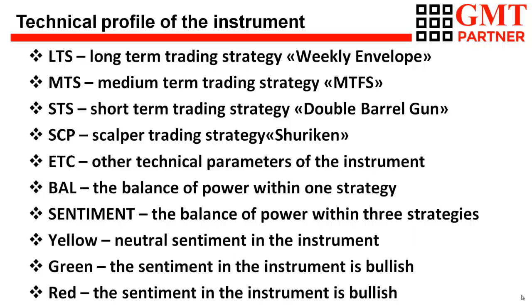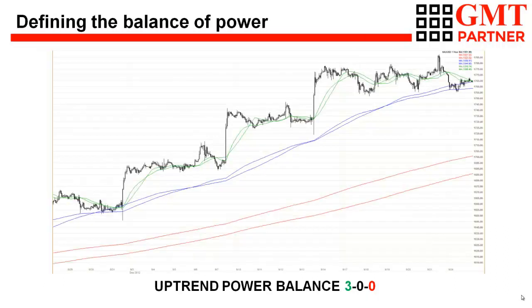So, let's try with the help of the technical passport of the financial instrument to gauge market sentiment. Or in other words, let's try to define the balance of power of market participants within the medium-term multi-time frame trading strategy. In order to do this, we will evaluate each technical signal separately, using the binary system 0 or 1.